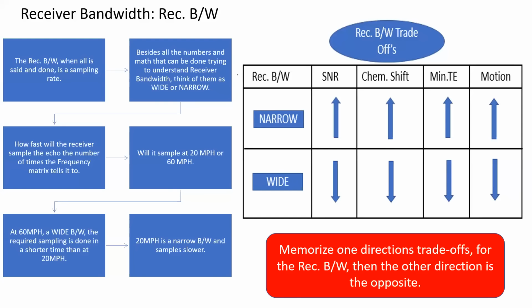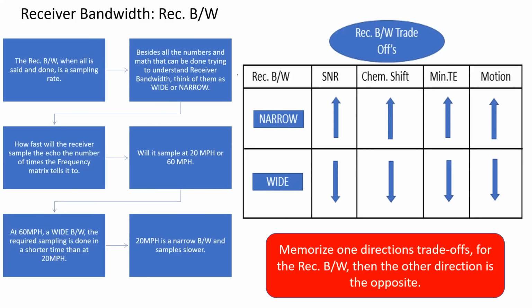Okay, so over on the right-hand side in the middle, that graph with all the blue arrows, you want to memorize one of those. It doesn't matter, pick one. So if you say, well, I like narrow bandwidth because everything's going up. Yeah, cool, great. Know that a wide receiver bandwidth is going to do the exact opposite. So your signal to noise is going to go down with a wide bandwidth.